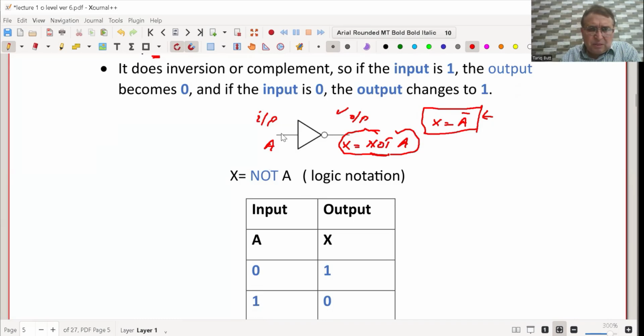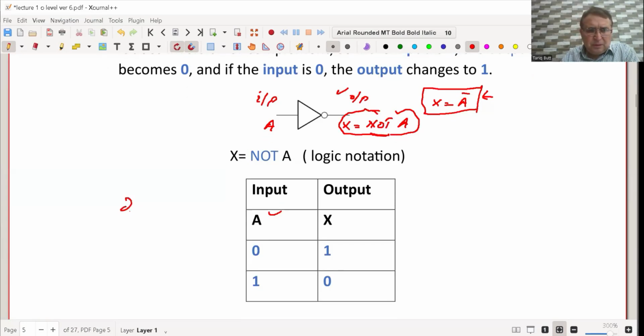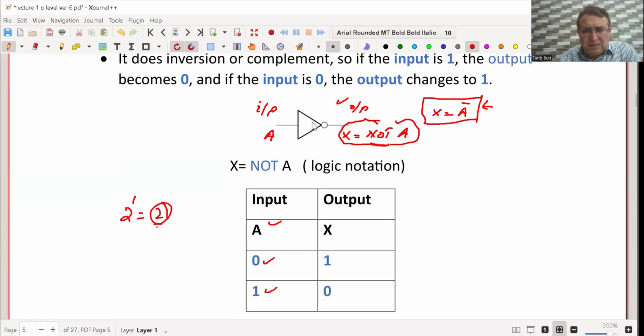Since input is just one input labeled as A, for a single input the combinations are 2 raised to 1, just two combinations, 0 or 1. Fine. And the behavior of this NOT gate is that it just inverts whatever you apply at its input.